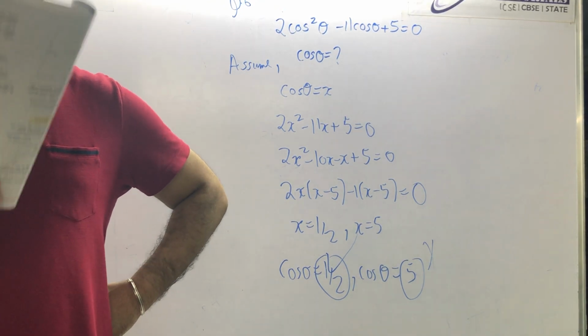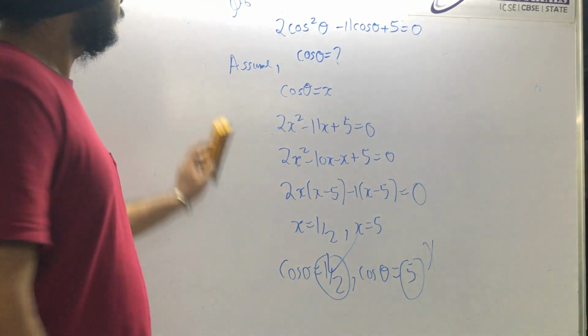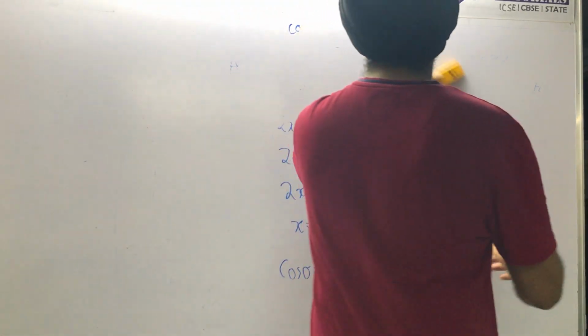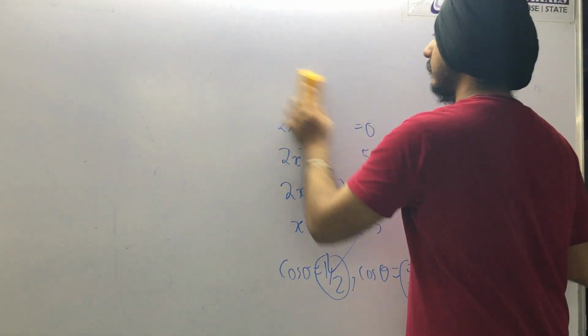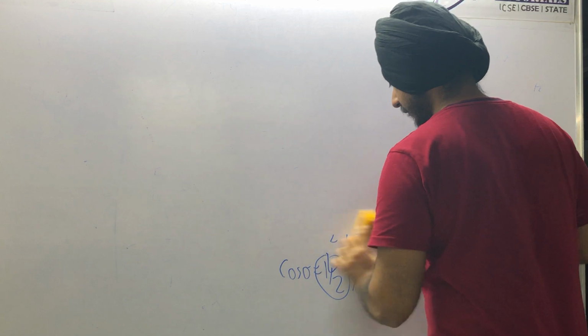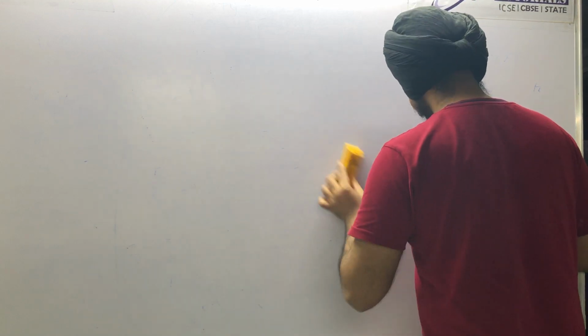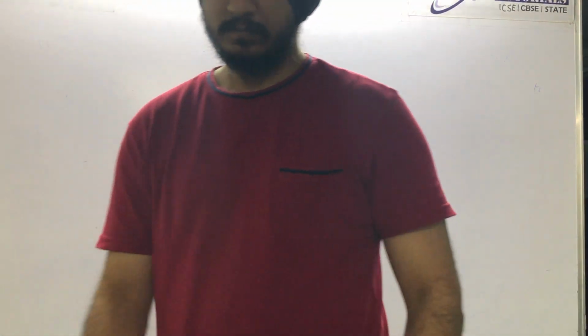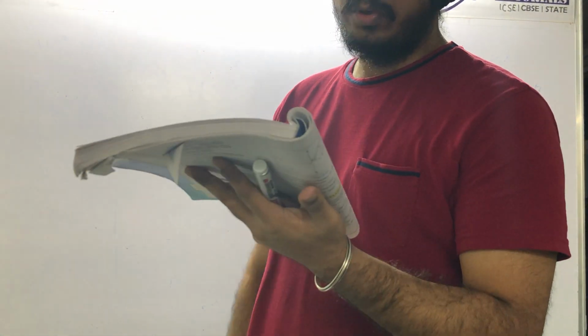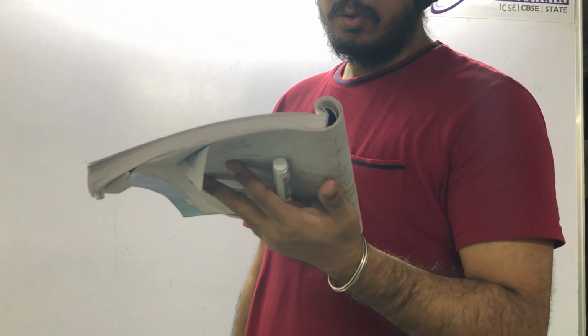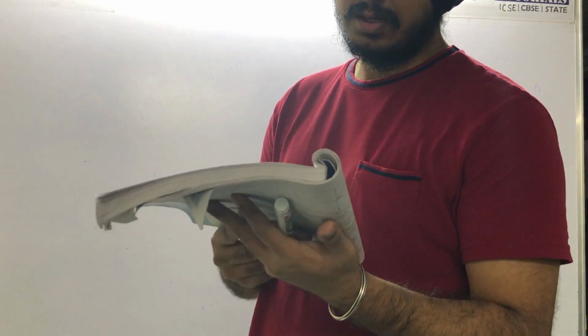Next question, question 7. Find the acute angle theta such that 2 cos square theta is equal to 3 sin theta.